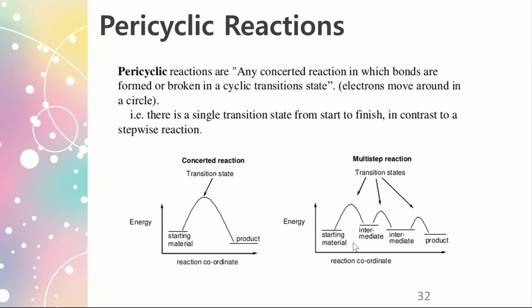Unlike our SN1 or E1, where we have an intermediate, usually a carbocation intermediate, and then we have our product, right? So the pericyclic reactions would be somewhat similar to our SN2s or E2s, where we just have a transition state and then the product.